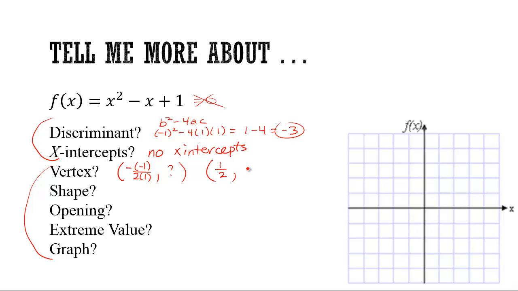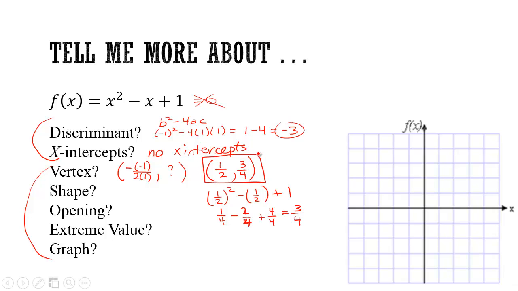And then we can input 1 over 2 into our function. So that's 1/4 minus 1/2, which is 2/4, plus 1, which is 4/4. So that's 1 minus 2 is -1 plus 4 is 3/4. So 1/2, 3/4 is our vertex.